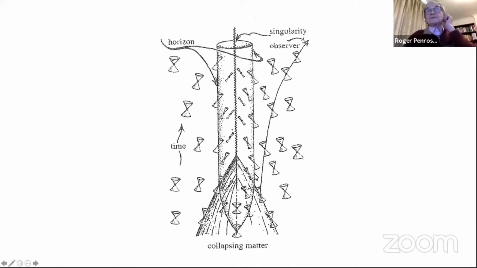The time vector field is pointing upwards, and so it is time-like out here, but when you get inside, it becomes space-like, and it's null just on the horizon. The main point is the cones have become tangent there, so once you've fallen through, you can't get out again because the world lines are all pointing through into the center.